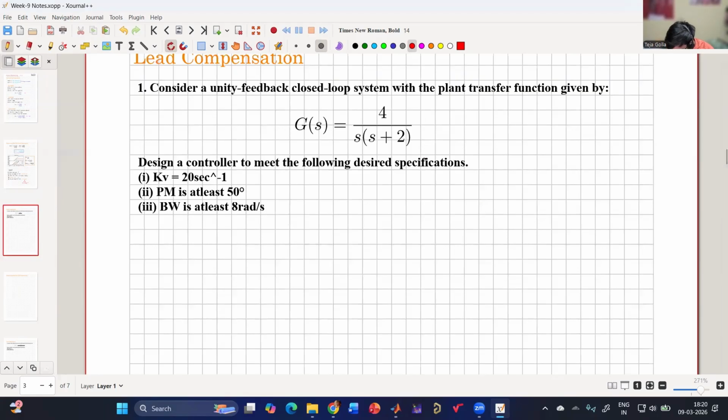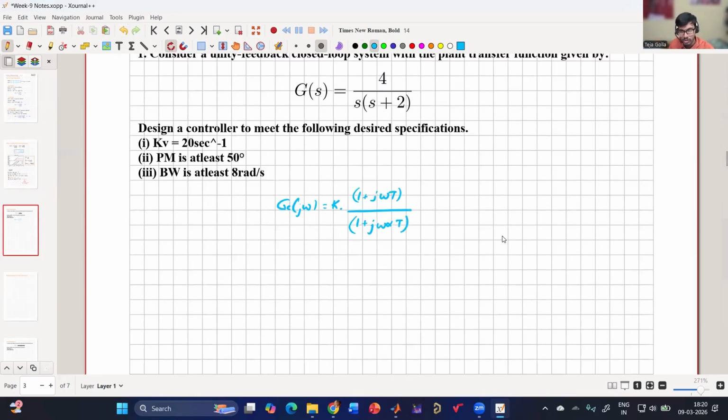Okay. So first I'll write the expression for the lead compensation. GC of j omega is K into (1 plus j omega T) by (1 plus j omega alpha T). Okay. So first we'll start with the gain, following the design guidelines.